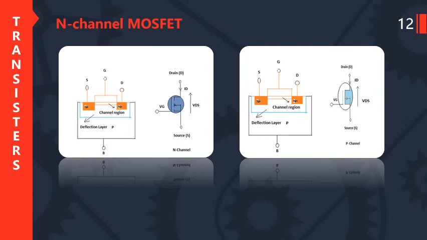So the first diagram is for the enhancement mode of the N-channel MOSFET and the second diagram represents the depletion mode of the P-channel MOSFET.